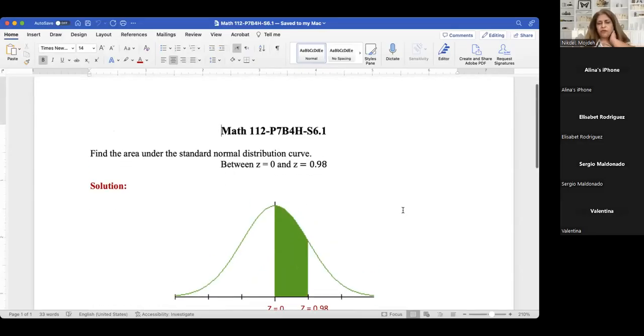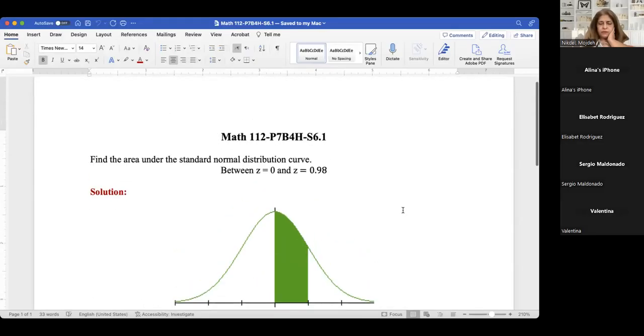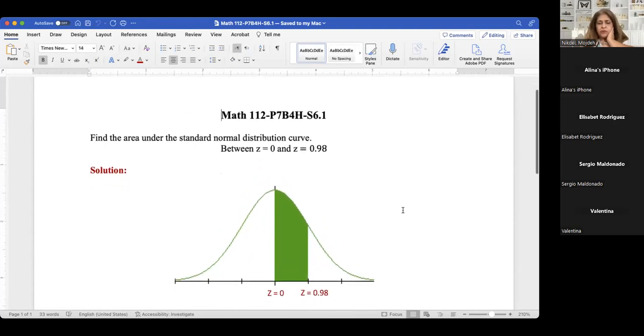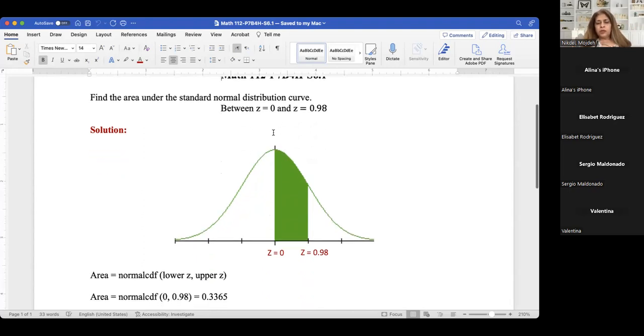Okay, here is number 4. Are you seeing number 4? Yes. Okay, when you are finding the area under the curve, you have to use normal CDF. For normal CDF, you have to enter 2 numbers. You have a green region, and you want to find the area of the green region.